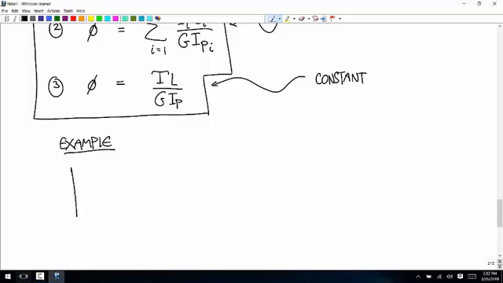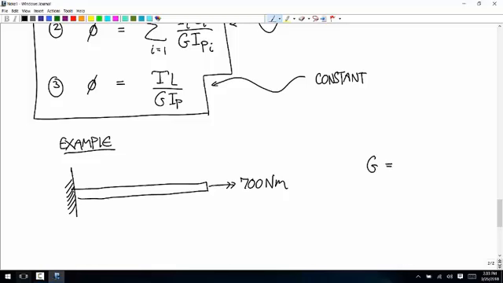Great. So let's say that we have a bar connected rigidly to the wall and a 700 Newton meter torque applied at the right end. And let's say that the G value is equal to 80 times 10 to the 9th pascals.